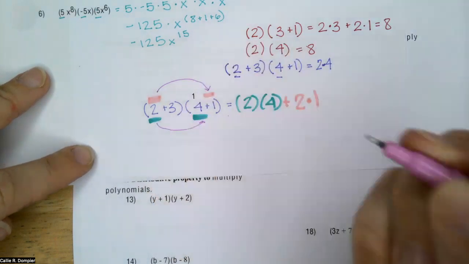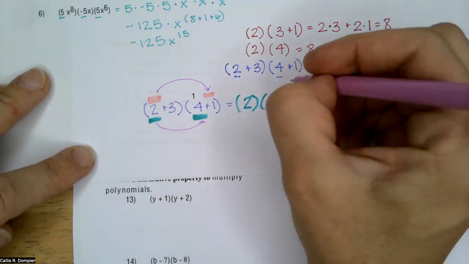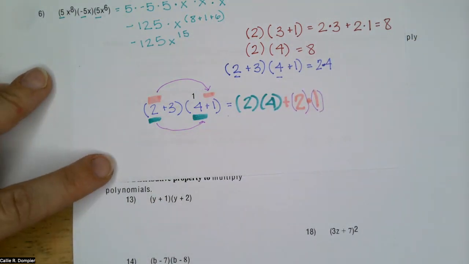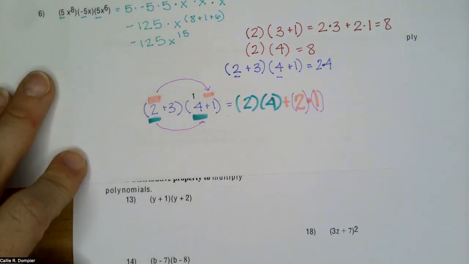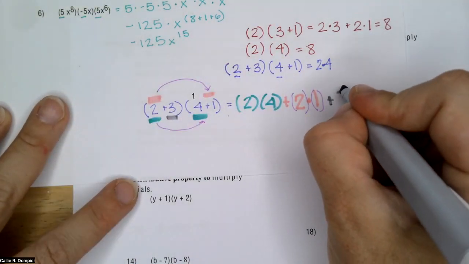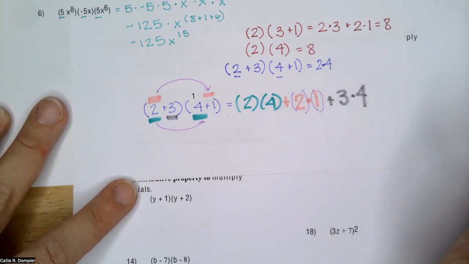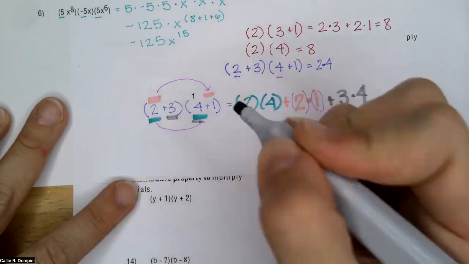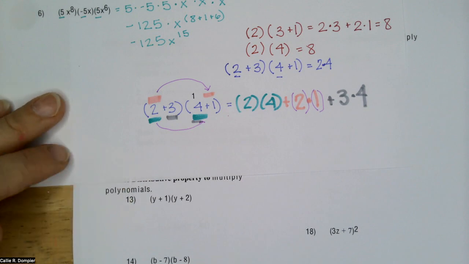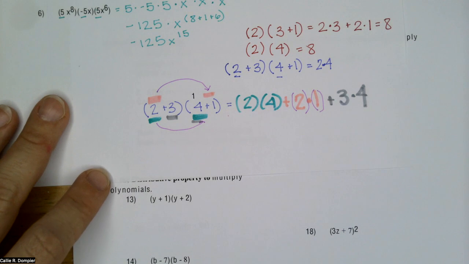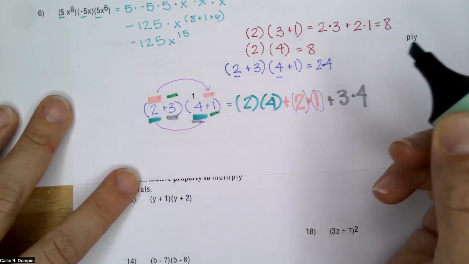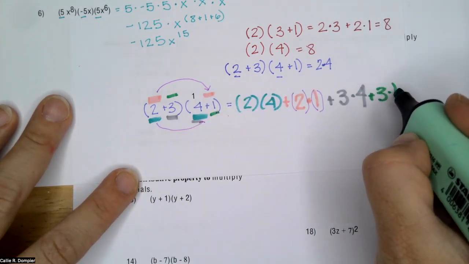So we distributed the 2 to the 4 and the 2 to the 1. Now, everything with the 3. Plus 3 times 4. Good. And then three times 1.